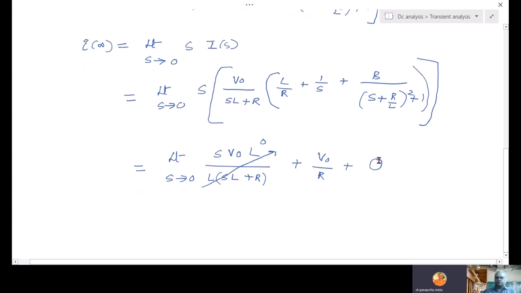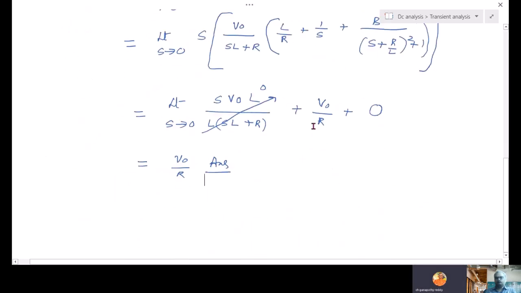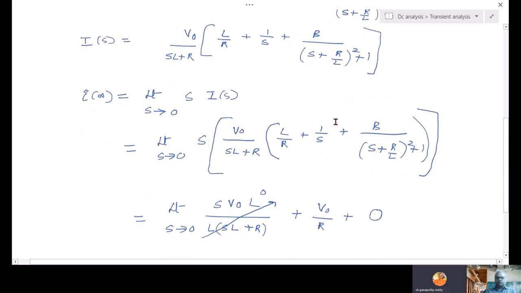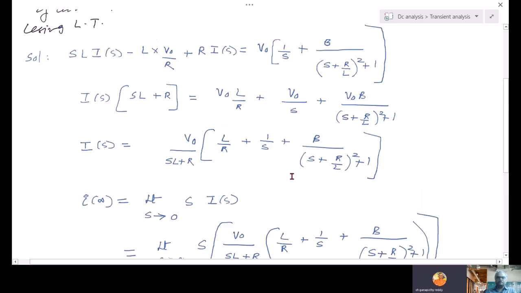So this term 0, this term 0. You will get only V naught by R. This is the answer. This is simple mathematics and limit s tends to 0. You are already familiar with limits now. So we'll get V naught by R.